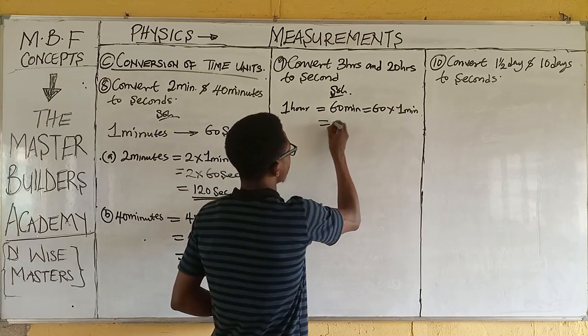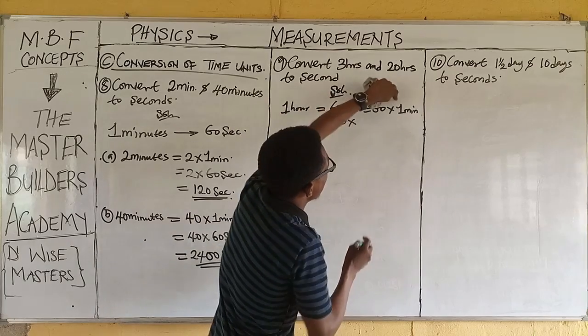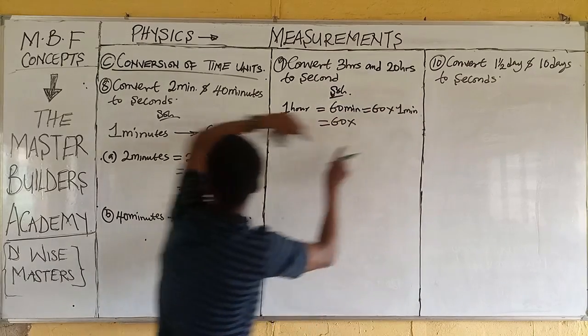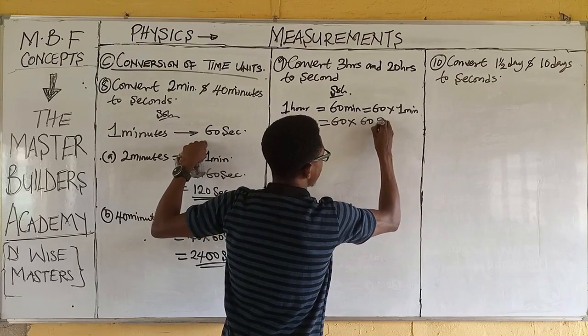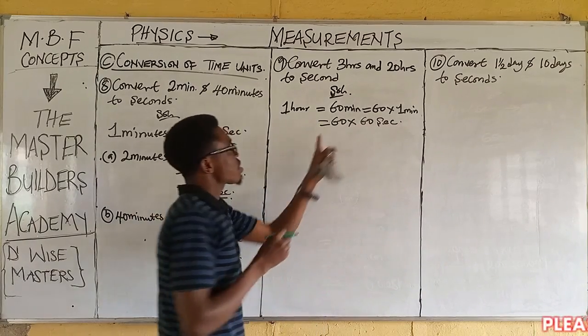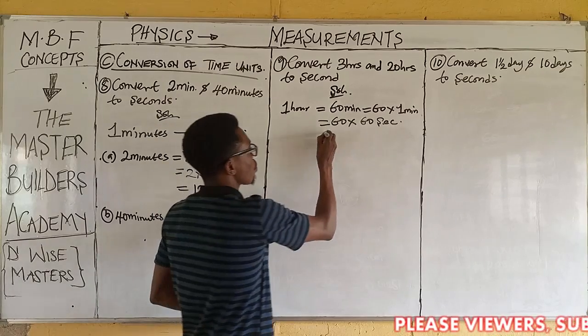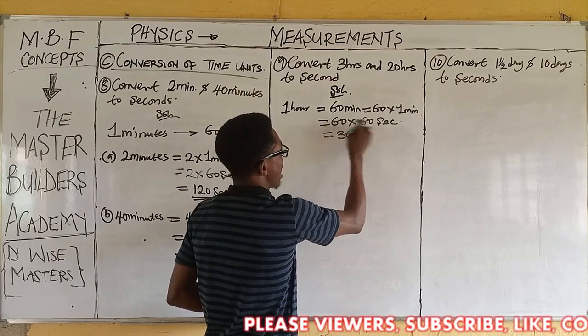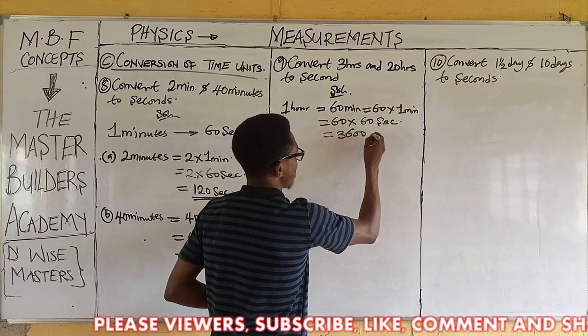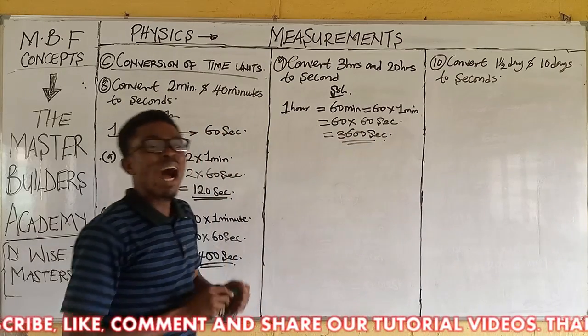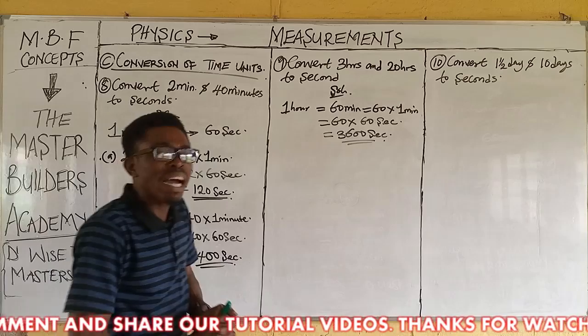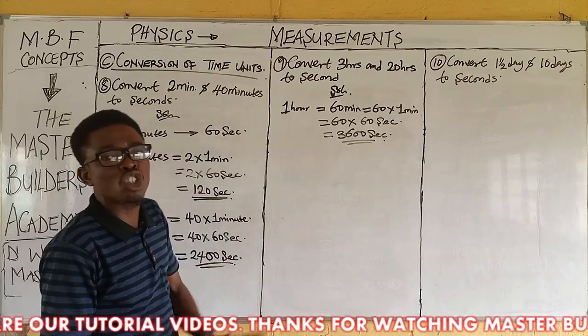We will replace 1 minute here by 60 seconds. They will have 60 times 60 seconds. Now, 6 times 6 would have given us 36. Then we add these 2 zeros. That's 3,600 seconds. That is to say, 1 hour is equivalent to 3,600 seconds.